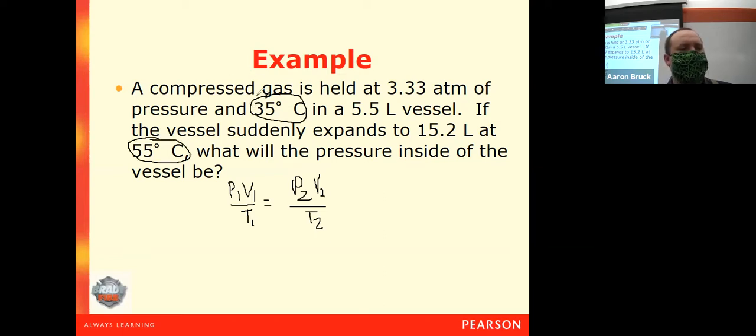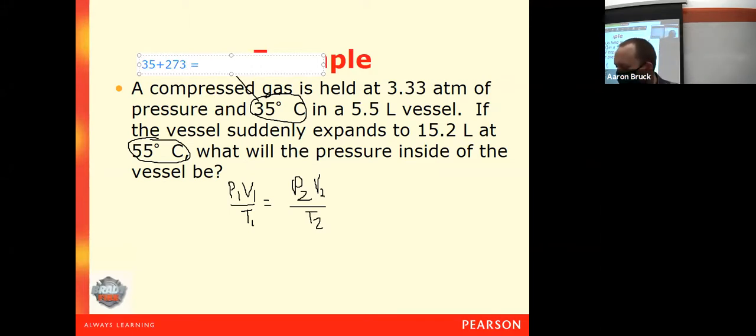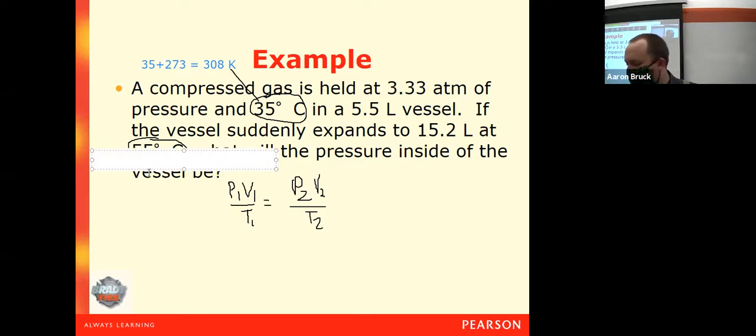So I need to add 273 to each of these. 35 plus 273 gives me 308 Kelvin. 55 plus 273 gives me 328 Kelvin.